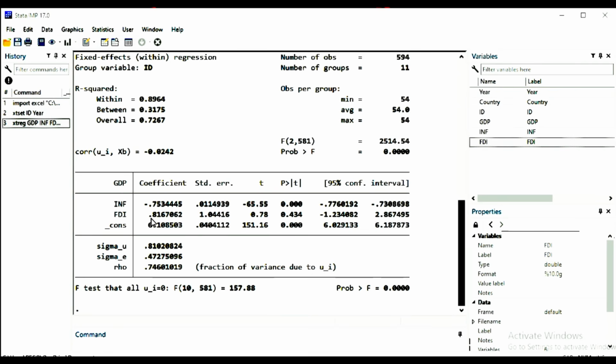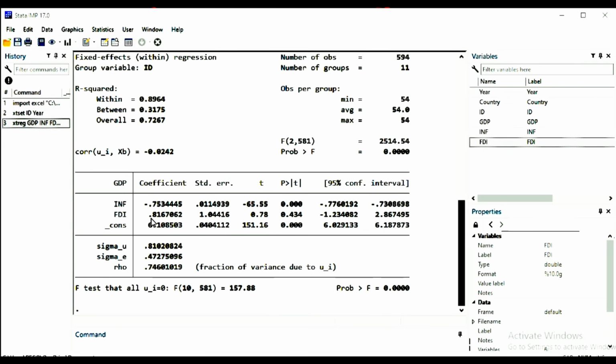Even though foreign direct investment has a positive relationship with economic growth, that relationship is not statistically significant because the reported probability value, that is 0.434, is much higher than the conventional 5% threshold. As you can see here, the reported probability is 43%, which is much higher than 5%.